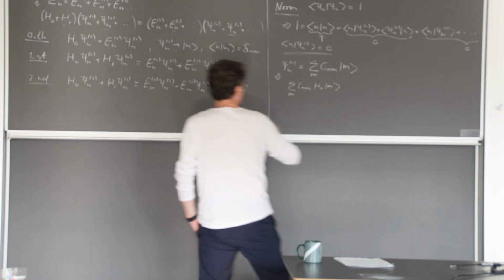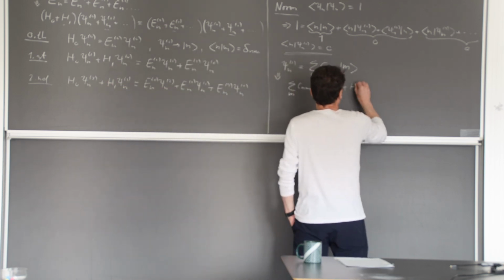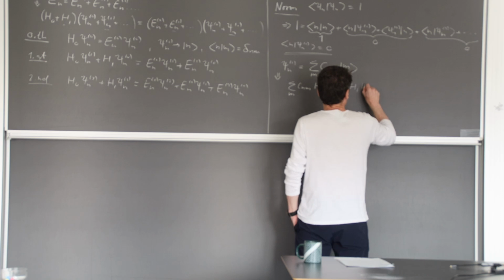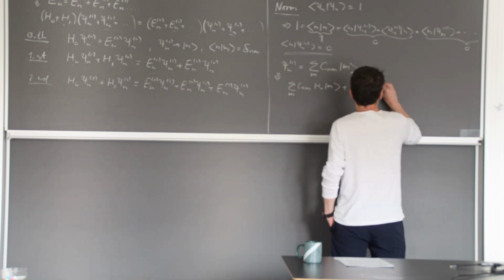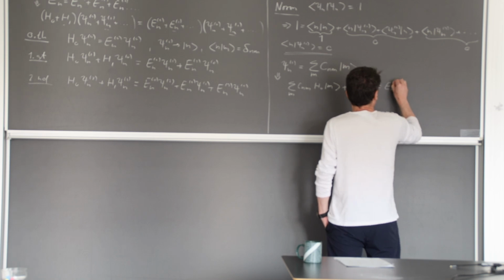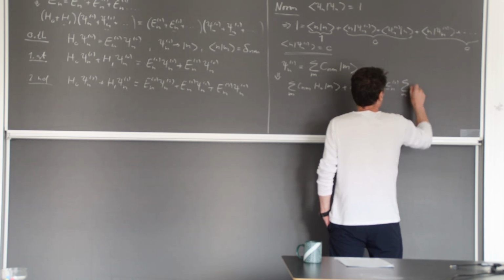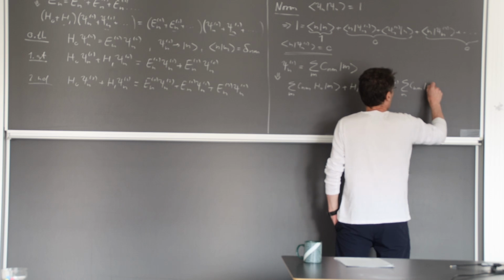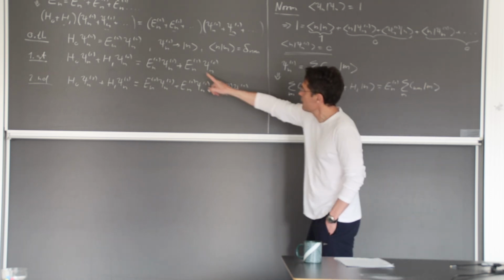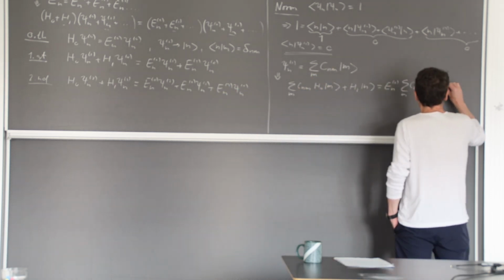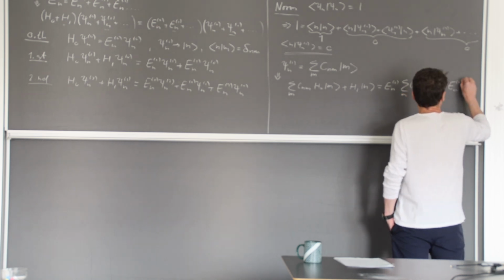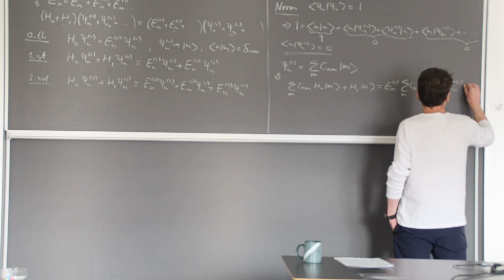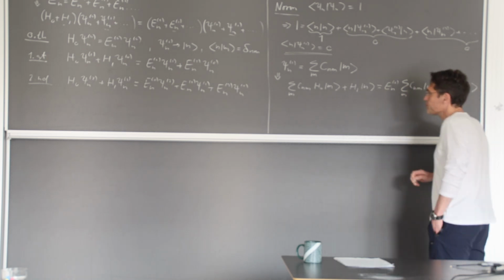And then I get this term, which I know already, H1 n, and on the right hand side I get E_n^0 sum over m c_n^m m, and then this E_n^1, which I already calculated, and then n.